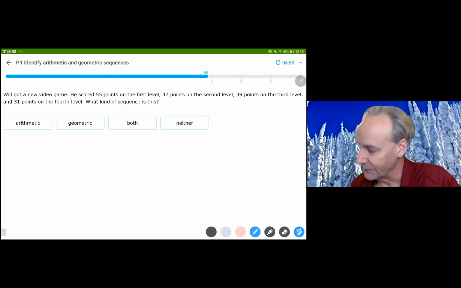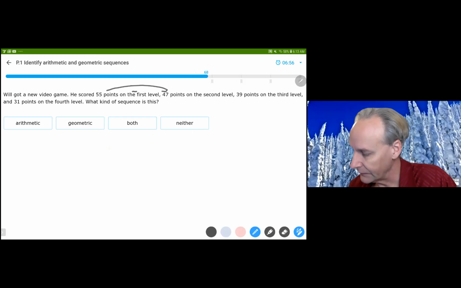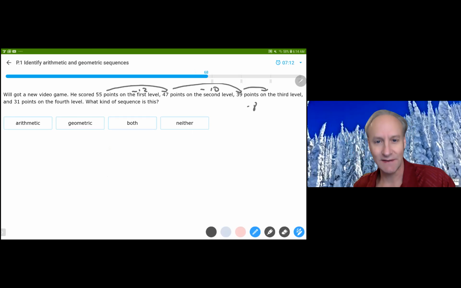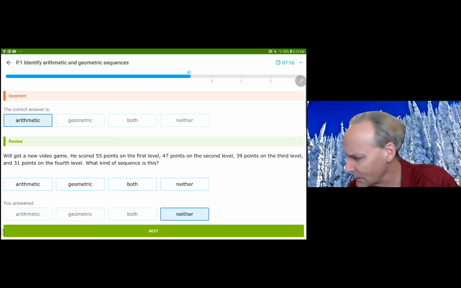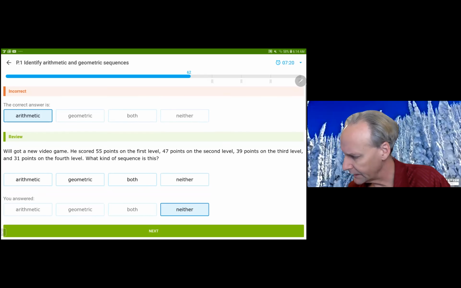And this one, we went from 55 to 47, which meant we went down 8. And then from 47 to 39, we went down 8. And then we went down to 31, which was down 8. Nice pattern, but neither, isn't it? What? What did I do?